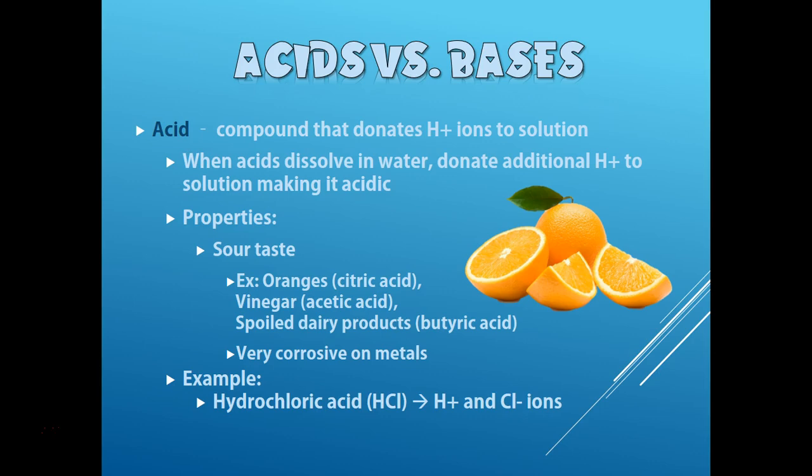That's what makes it acidic. Something like hydrochloric acid, HCl, comes apart in water, and now I've got these extra H+ in solution from the hydrochloric acid and those chloride ions. So that adds extra H+ to solution.